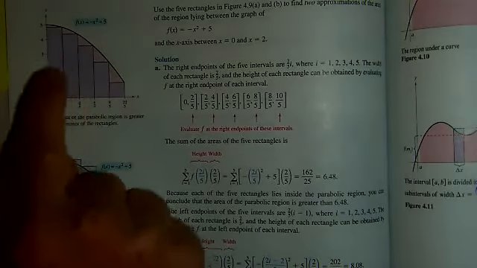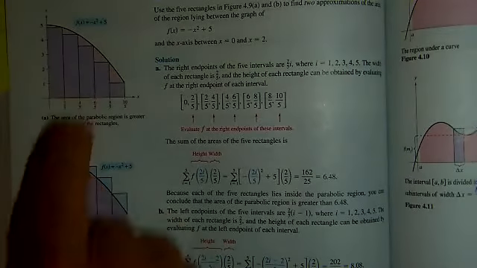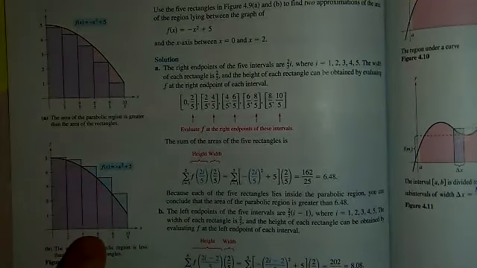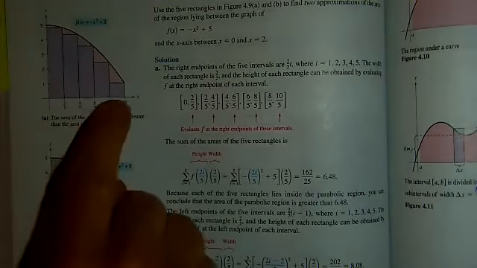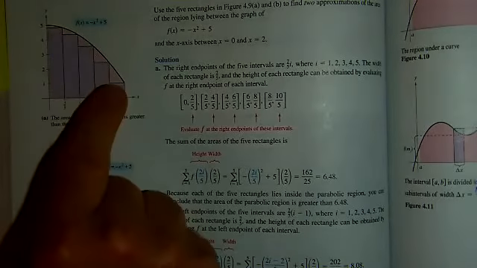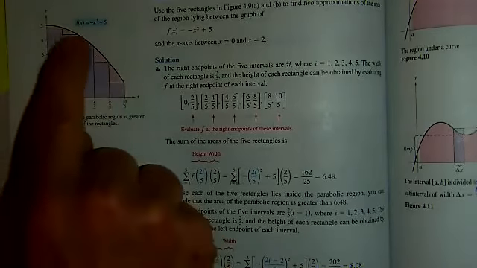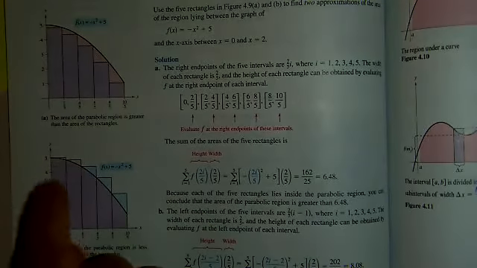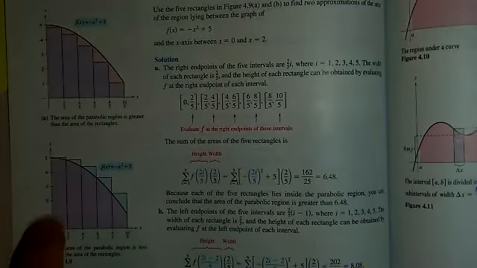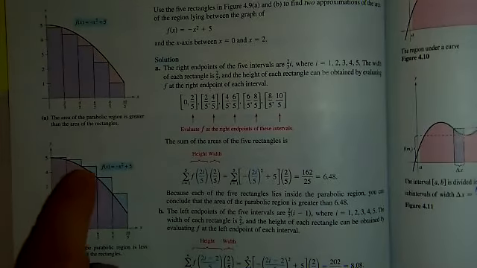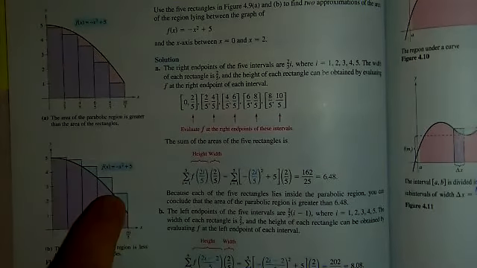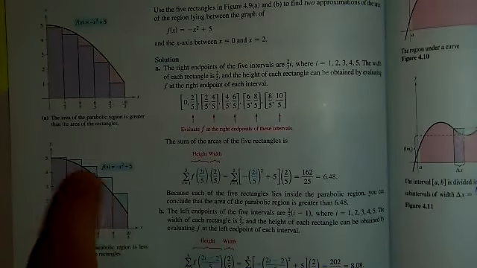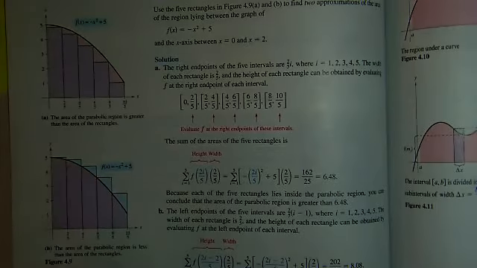Okay, so we call this the lower sum and we call this the upper sum. The lower sum is an underestimation of the area because we're inscribing the rectangles underneath the curve completely. This is an overestimation. This is the upper sum, because we're now determining the height of the rectangle by using the left point of the rectangle that is actually on the graph itself.